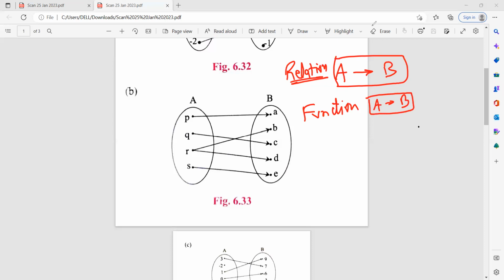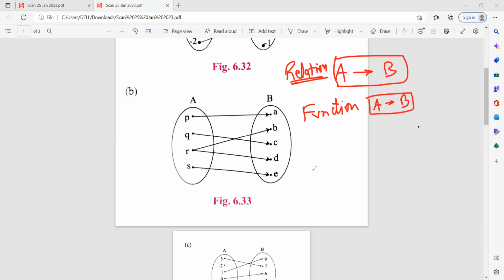I taught you how a relation from set A to set B can become a function from set A to set B. Remember students, not all relations are functions.